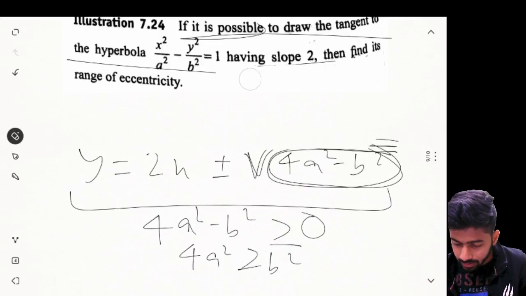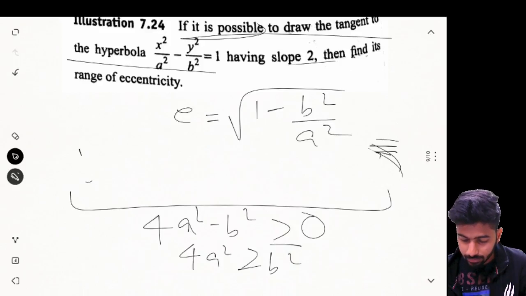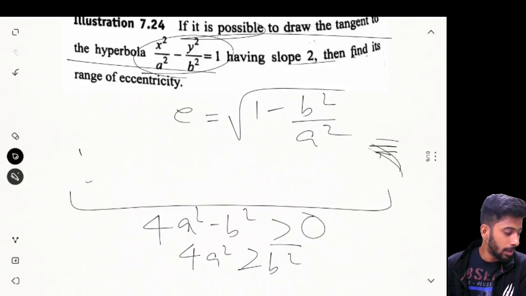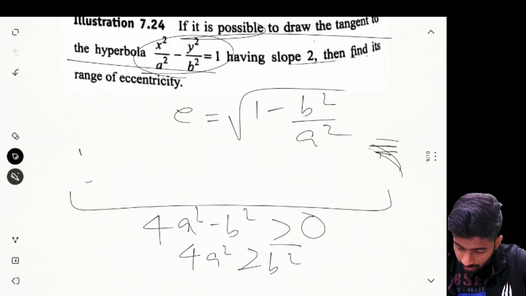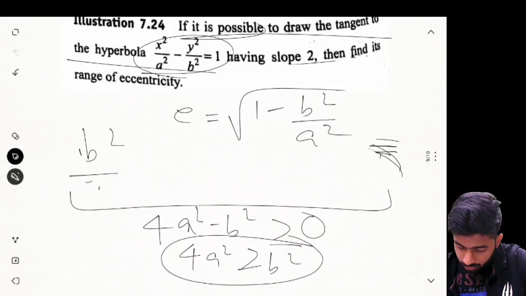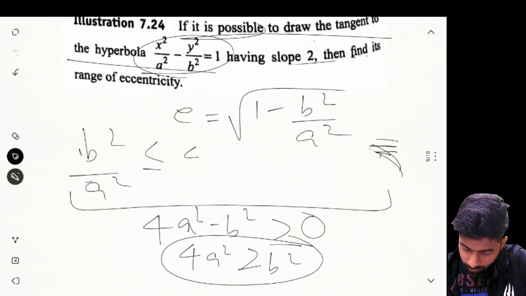So what you know is eccentricity for a hyperbola is under root 1 minus b square by a square, right? I'll get b square by a square from this. So b square by a square should be less than or equal to 4.